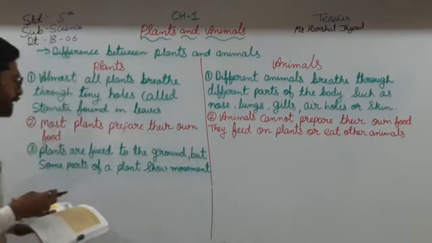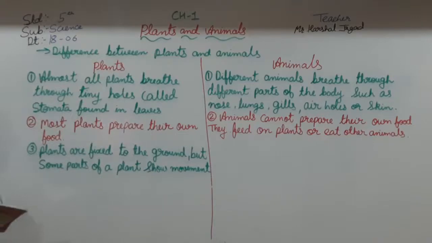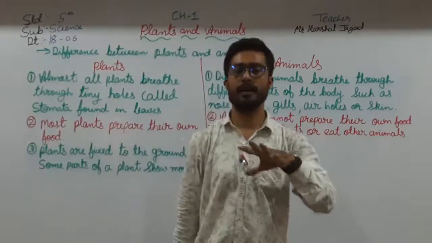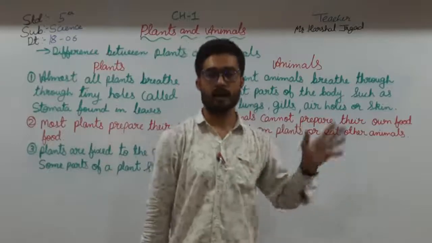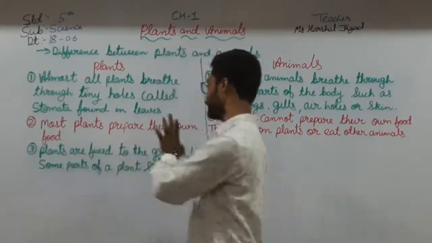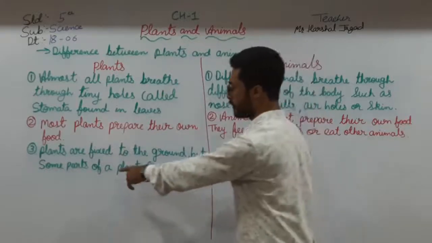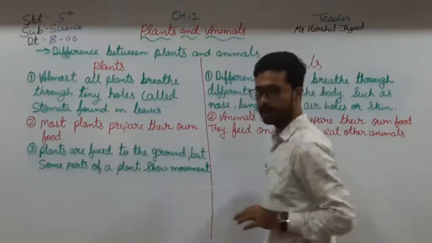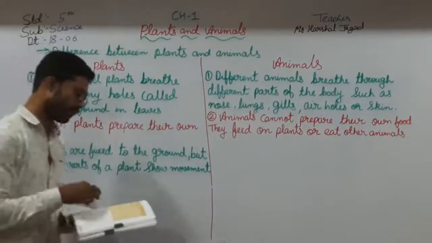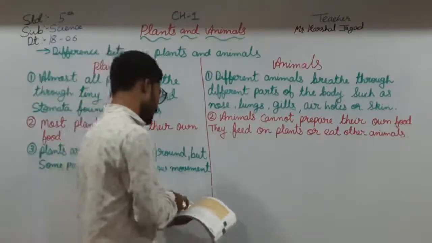Okay, some parts of the plant show movement. Here, the plants are at one place only. They can't move from one place to another place. So they are fixed. So it is written, plants are fixed to the ground, but some parts of the plant show movement. Okay. Now, animals can move, yes, from one place to another place.